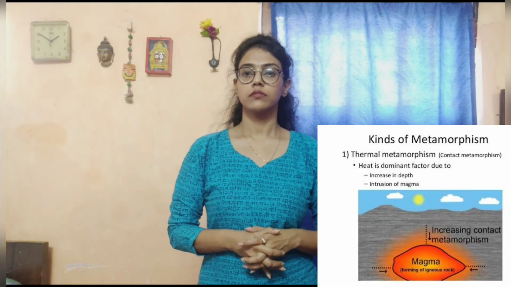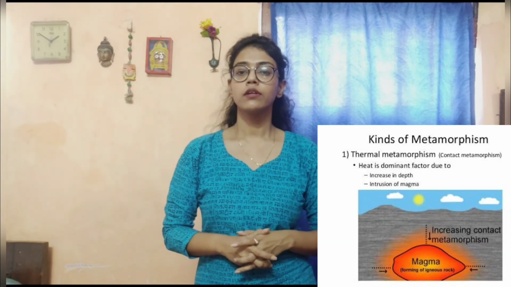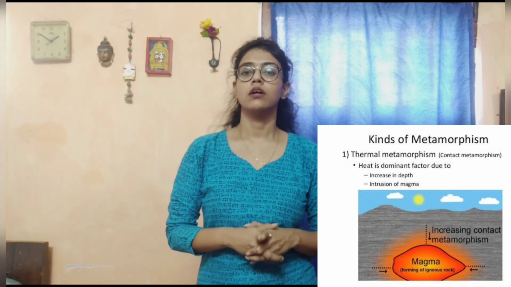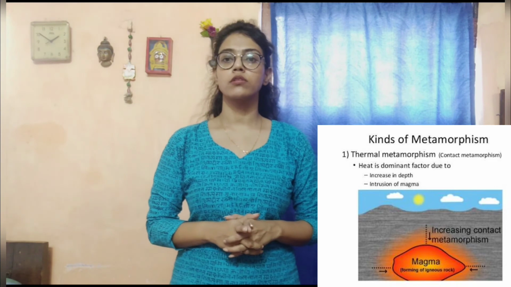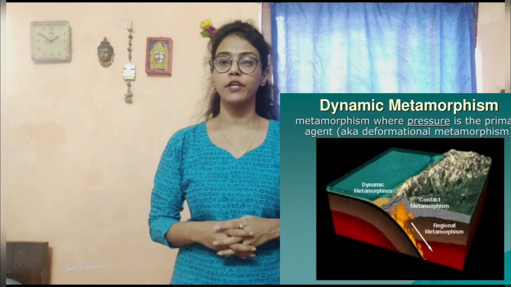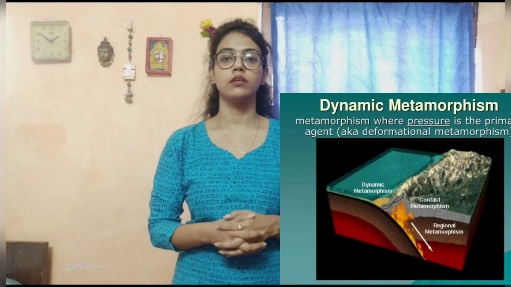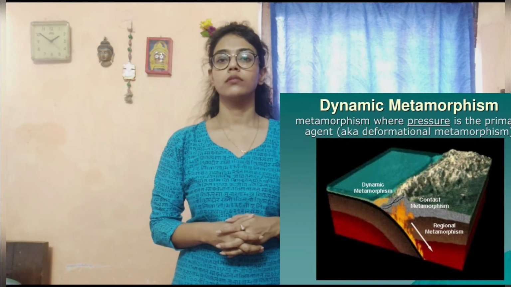Now the division of the metamorphosis. The first one is the thermal metamorphosis. Here the temperature is the main factor. Temperature is basically changing the existing rocks to the new rock. Next one is the pressure. Here with the help of high pressure, existing rocks can be changed into the new rock.